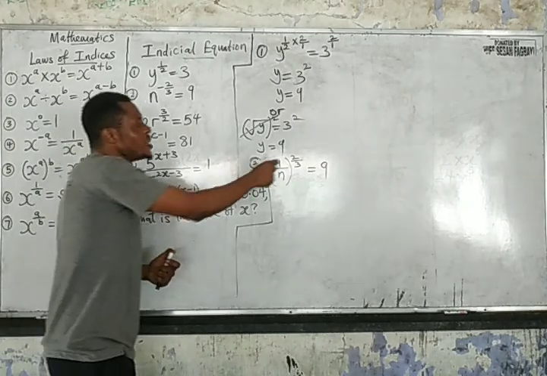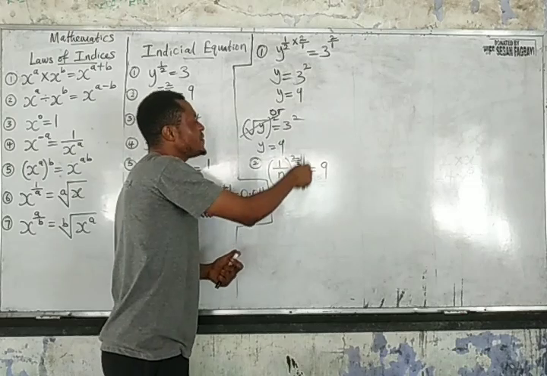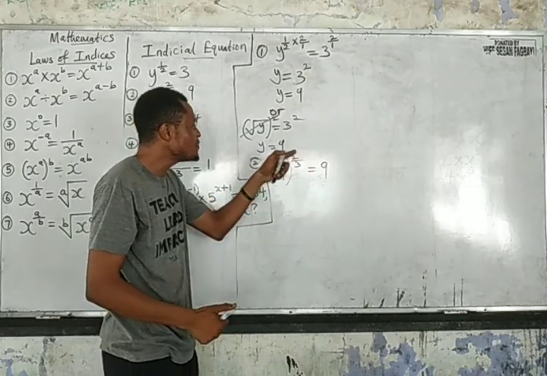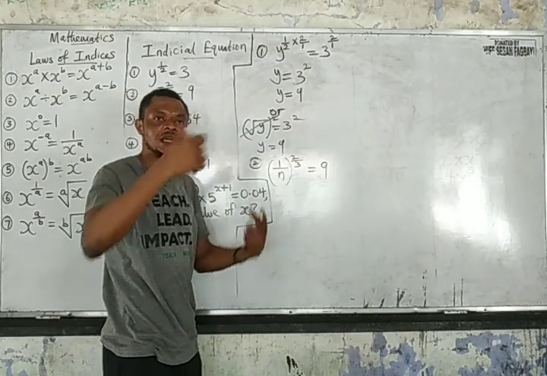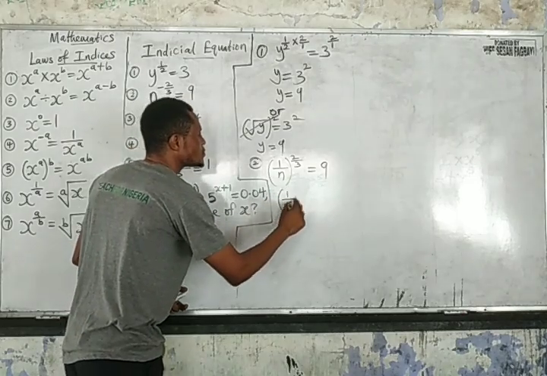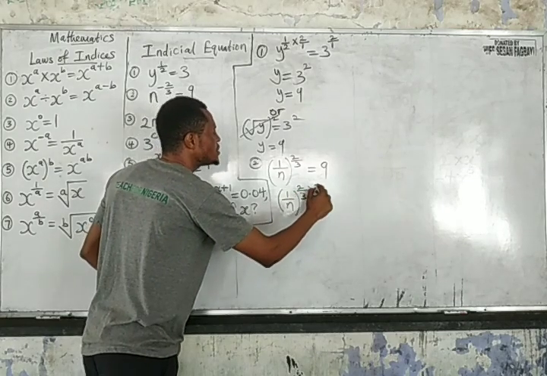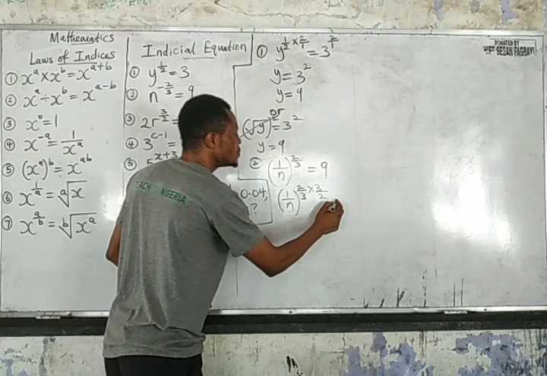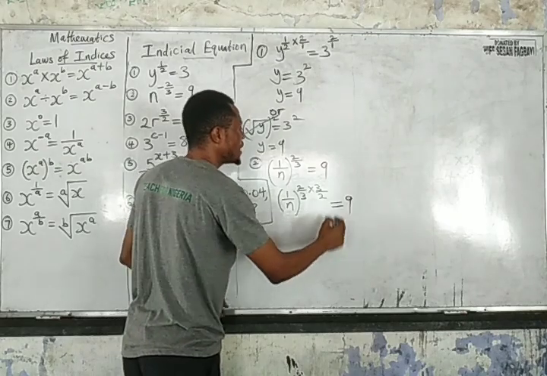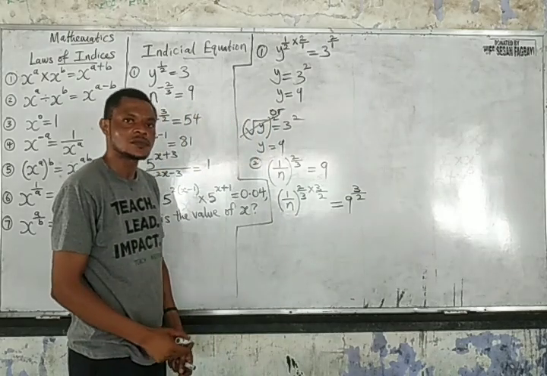So in order to eliminate this power, we multiply by the inverse of the power. The inverse of 2 over 3 will become 3 over 2. Multiply by 3 over 2 to give us 9 raised to the power of 3 over 2.